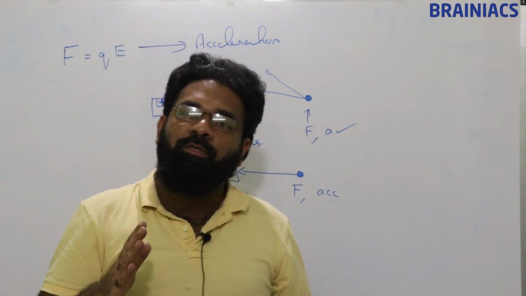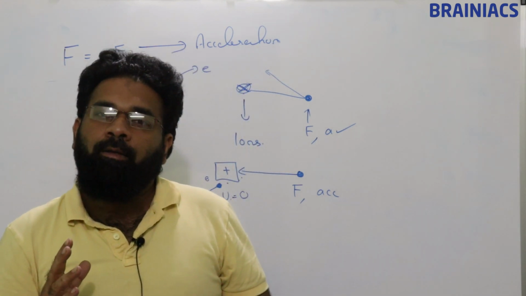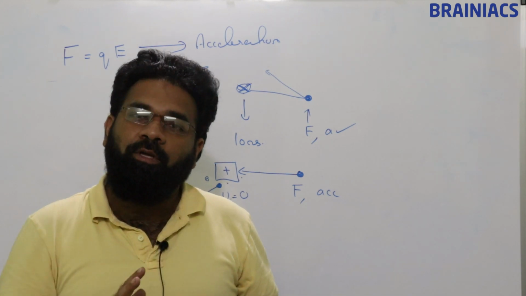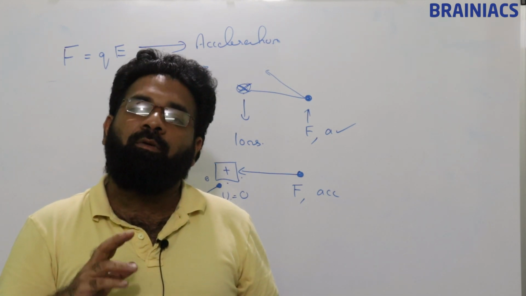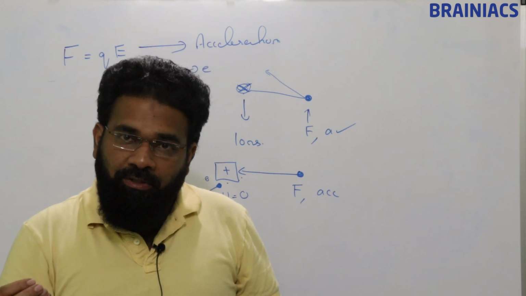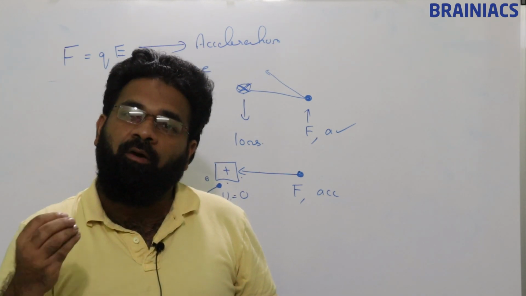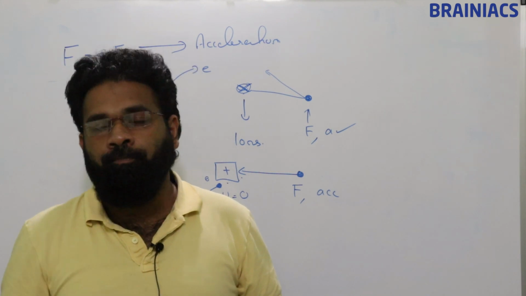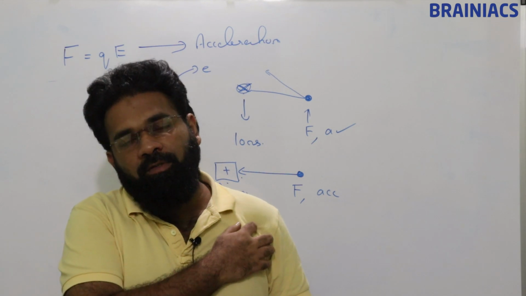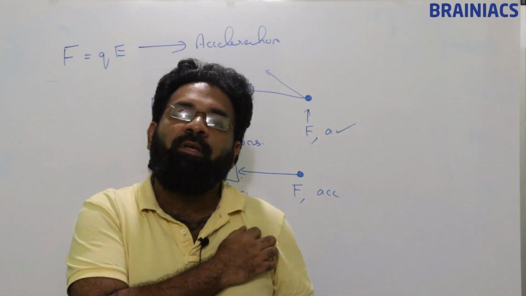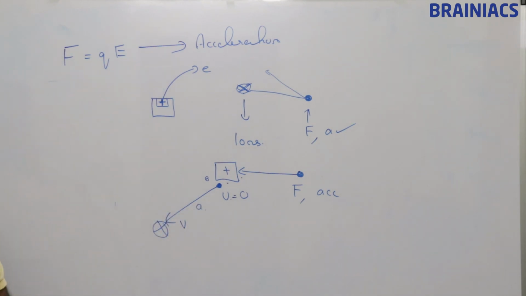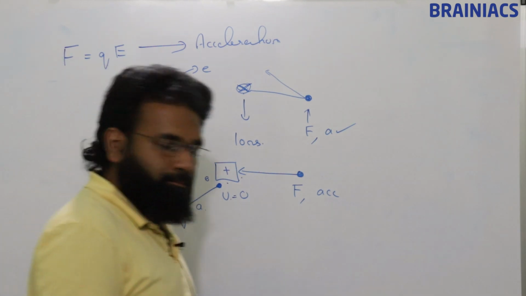So even though force is there and acceleration is there, these electrons undergo a lot of collisions and move. Because of these collisions, it is going to move with an average velocity called drift velocity. So it is moving with the average velocity called drift velocity, even though force is there and acceleration is there. The reason is this collision.